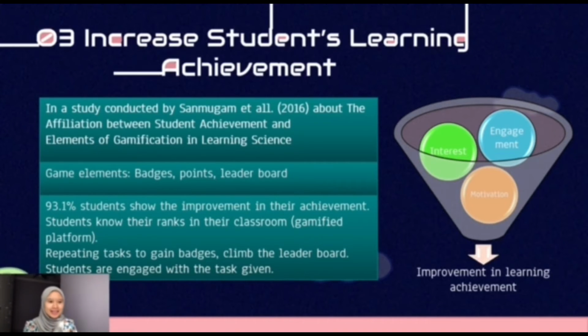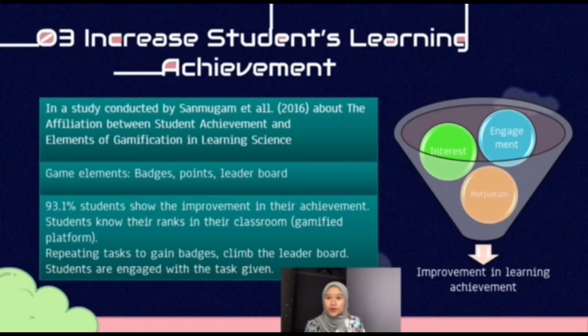So students will engage with the task given, as I mentioned from the previous reasons. So when they engage, they learn new things. Now we know that generally gamification can increase students' interest, engagement, and motivation that will lead to the improvement in their learning achievements. Isn't it a very good advantage to the teachers and also the students in science learning, right?